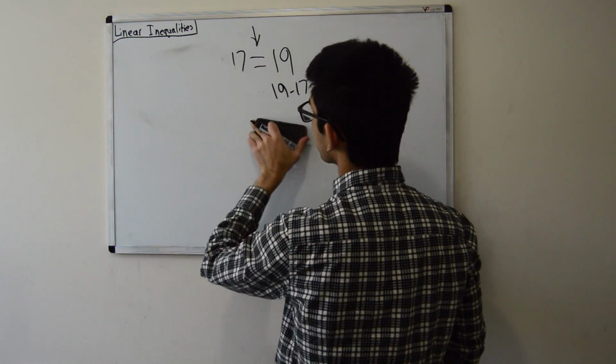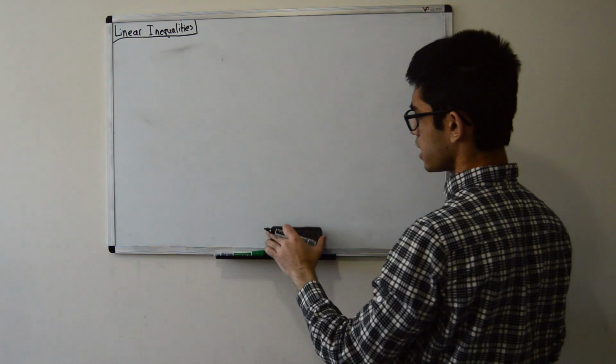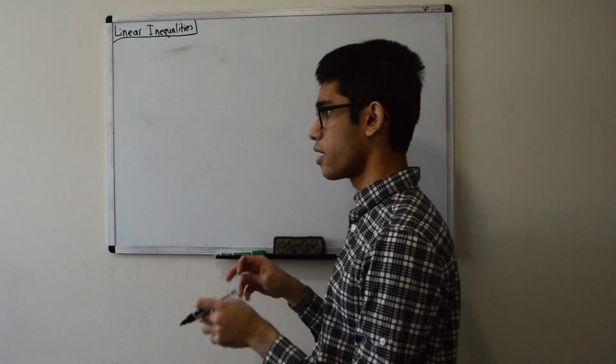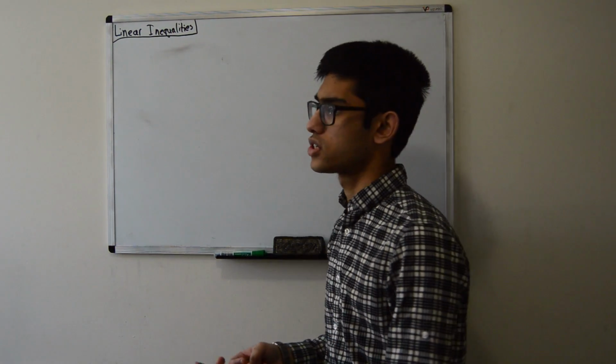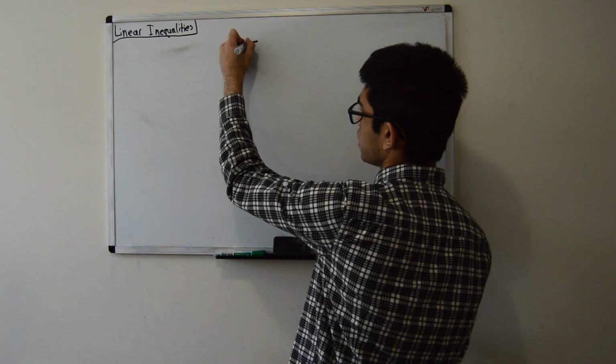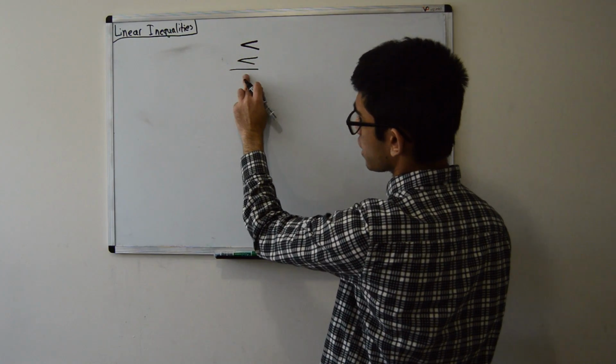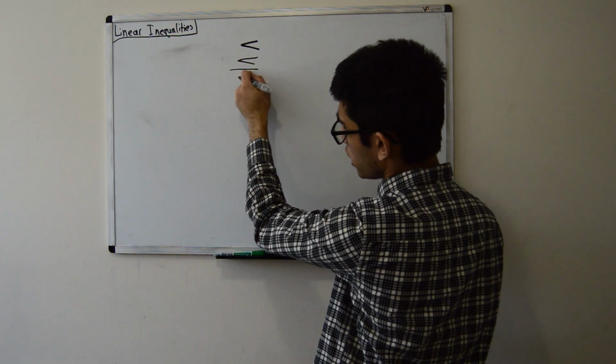So you might be wondering, well, what's a linear inequality? A linear inequality is basically the same thing, but remember that equal sign we had in an equality? That doesn't exist anymore. Now we will have greater than, less than, greater than or equal to, and less than or equal to signs instead. Those signs are these signs right here. This you know is less than, this is less than or equal to, with the equal sign there.